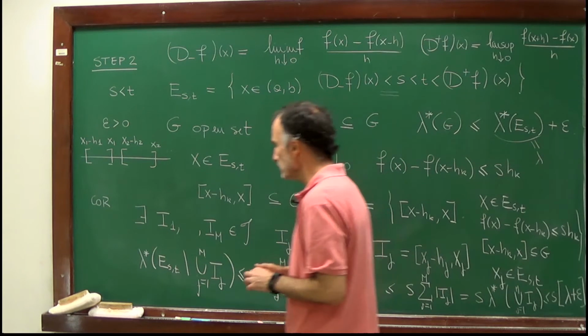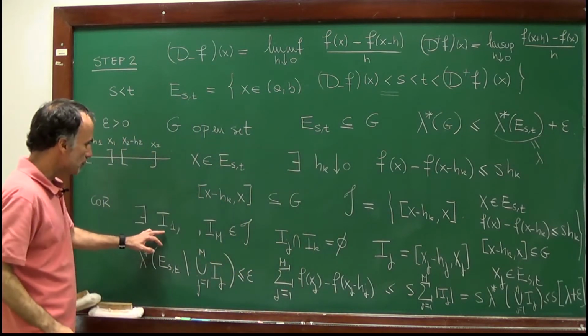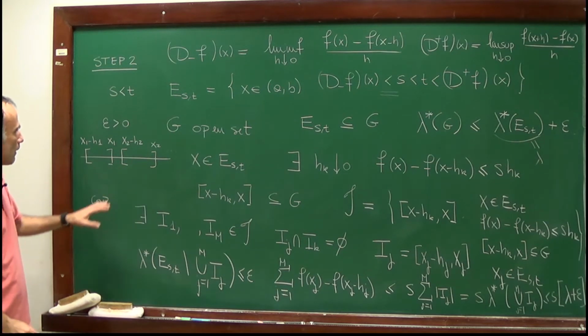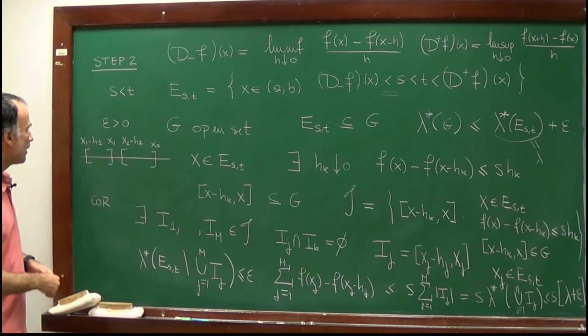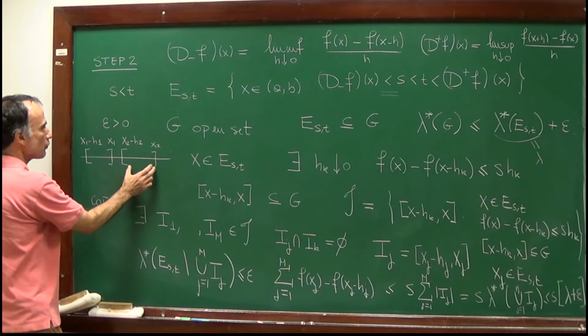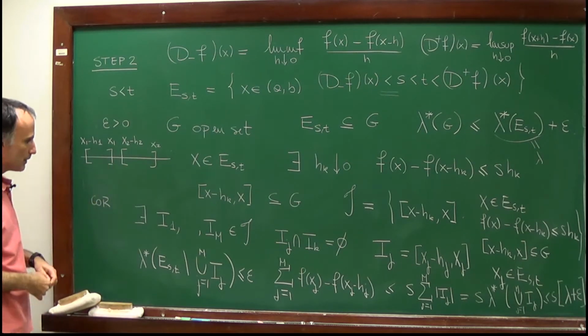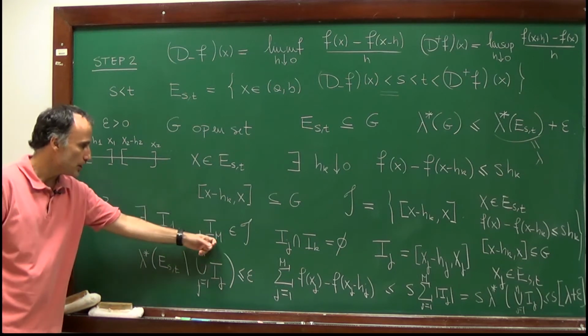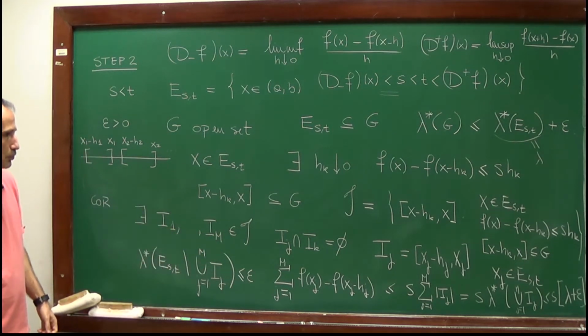And keep in mind that these intervals I1, ..., Im are all contained in G, and I assume that they are ordered. So, as I said, I1 is the leftmost, I2 is the second leftmost, and so on, until Im is the rightmost. This we will use in the third step of the proof.